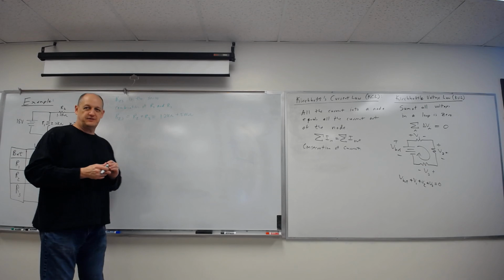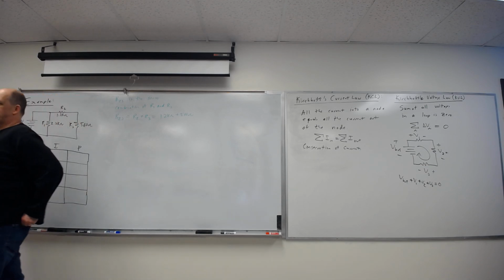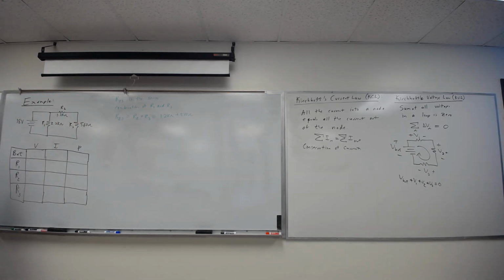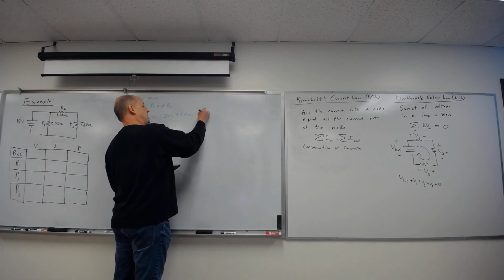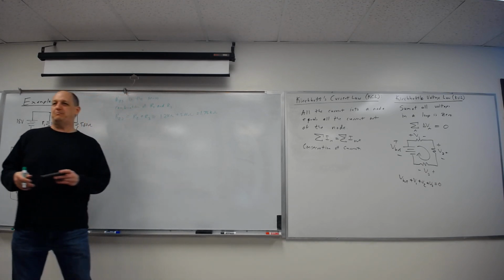To add those, I need to convert my 1.2 kilo ohms to ohms, or convert my 560 ohms to kilo ohms. Doesn't matter. Which do you prefer, kilo ohms or ohms? Kilo ohms. Okay. So if I add those, 1.76 kilo ohms, right? 1.2 plus 0.56.